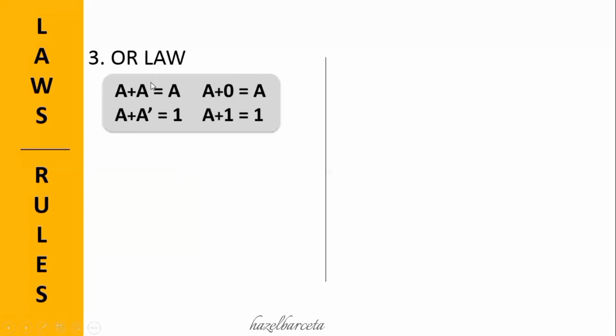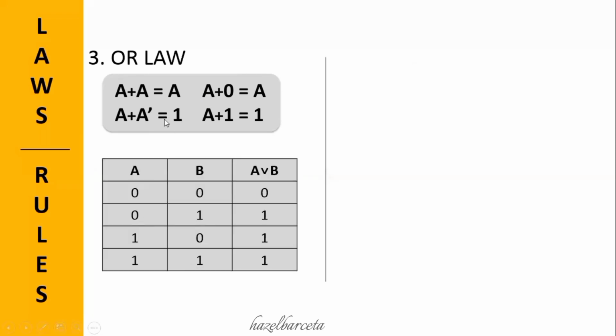The third law is OR law. So A plus A is equal to A, A plus A prime is equal to 1, A plus 0 is equal to A, and A plus 1 is equal to 1. So ang basa po natin sa plus ay OR, sa multiply or sa times ay AND.